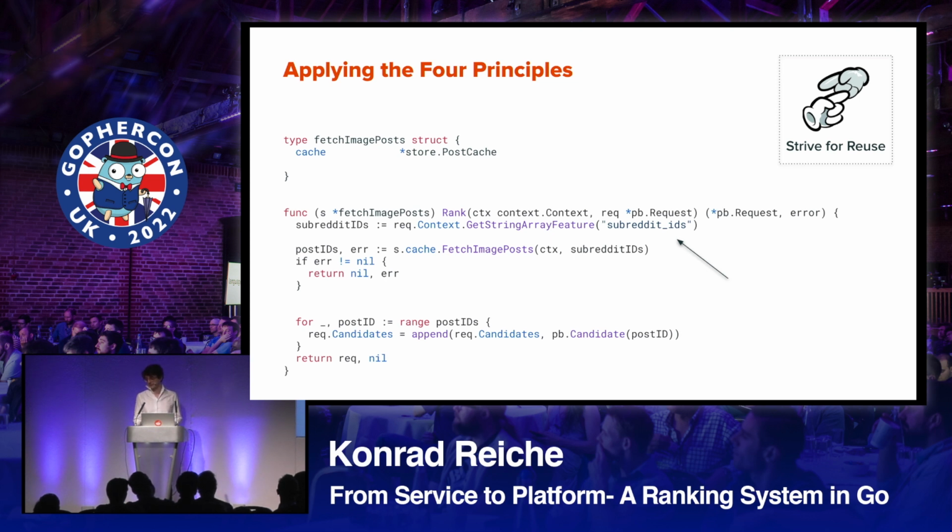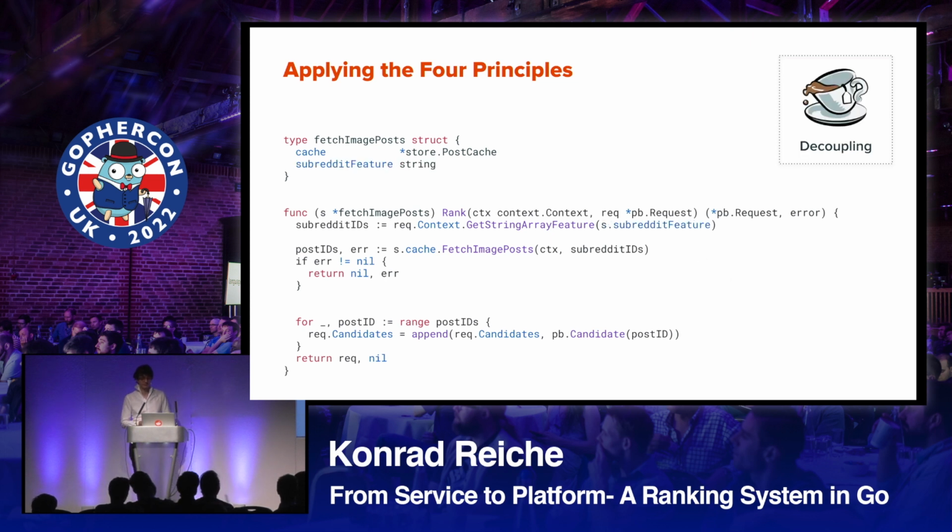Subreddit IDs, that's IDs of different communities on Reddit. We can turn it into a parameter and make it configurable. And then finally, for decoupling, we might not even want to rely on this feature being available in the first place. And sometimes that means to make other APIs more flexible.